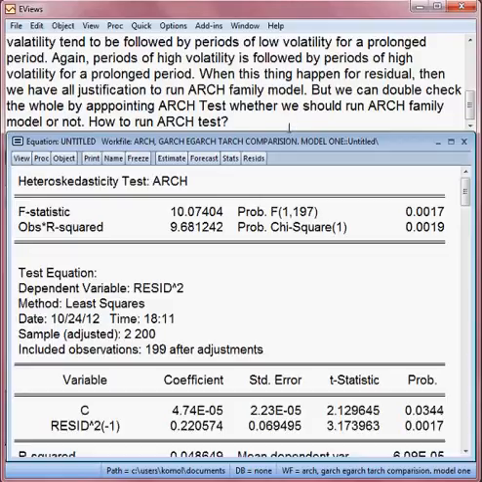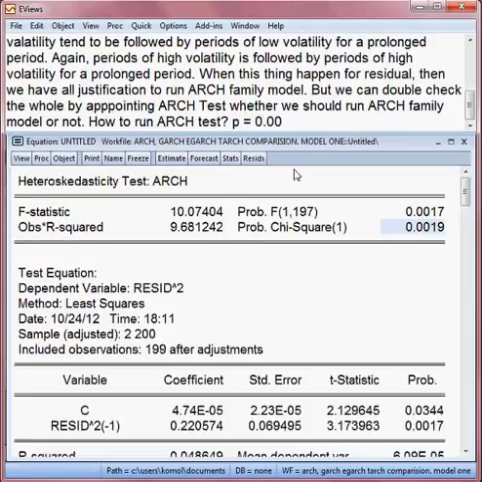You can see from here the observed R square, right, and the corresponding p value. How much is the p value? It is around 0.0019, right?